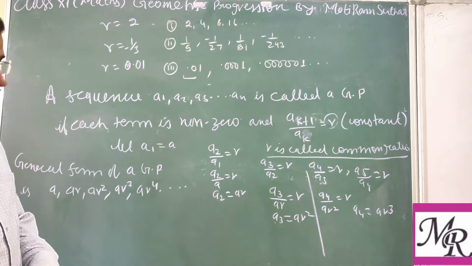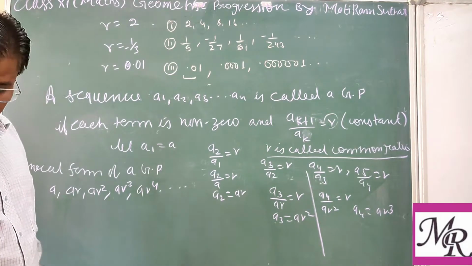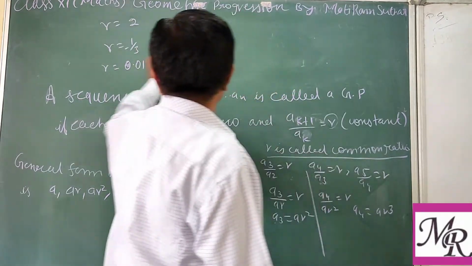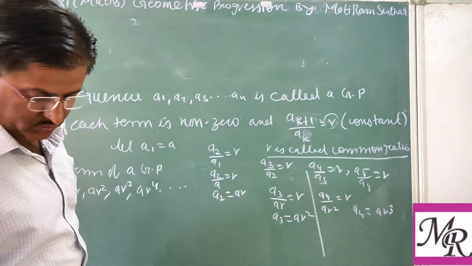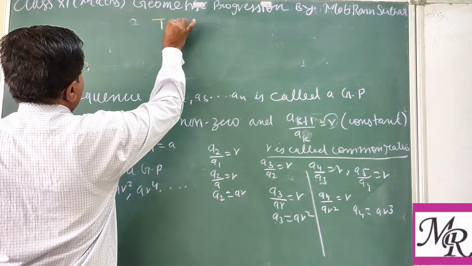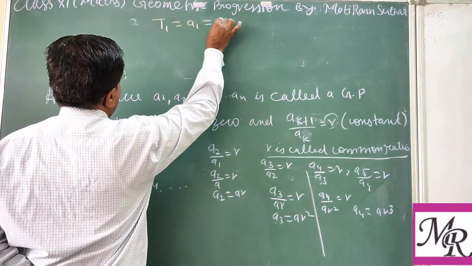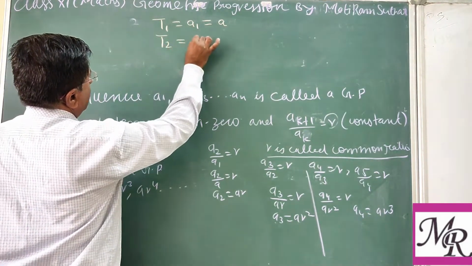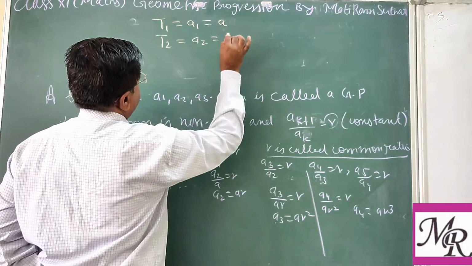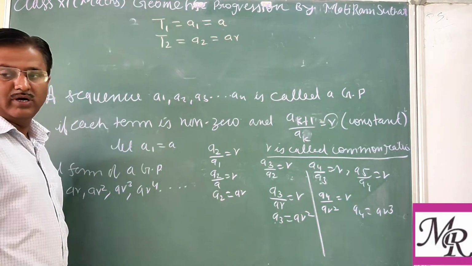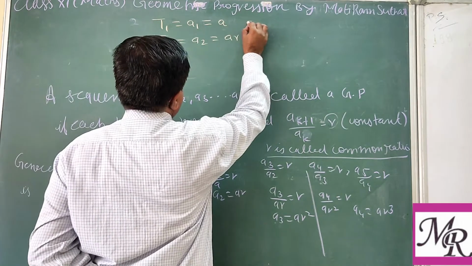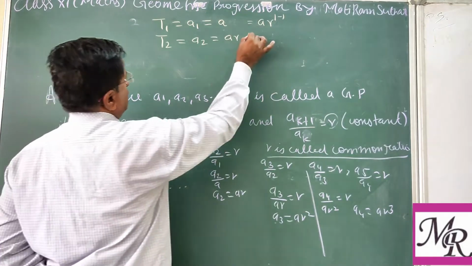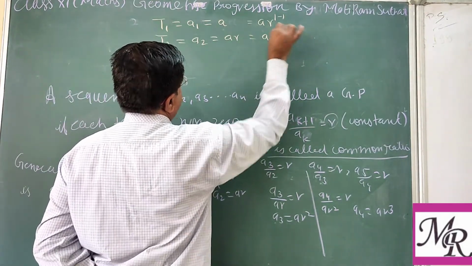Now see, the important thing here is that the first term of the GP is A. So we can say T1, you may write A1, you write A. First term. Second term T2, A2, AR power 2 minus 1, or one may write it like this, AR power 1.